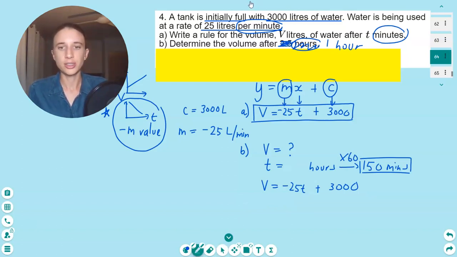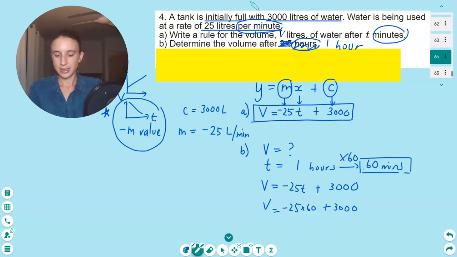This is me adjusting questions from the textbook and I didn't check them properly. So let's just say after an hour is 60 minutes. Negative 25 times 60 plus 3,000. Okay, negative 25 times 60 plus 3,000 gets us a positive answer, which is nice.